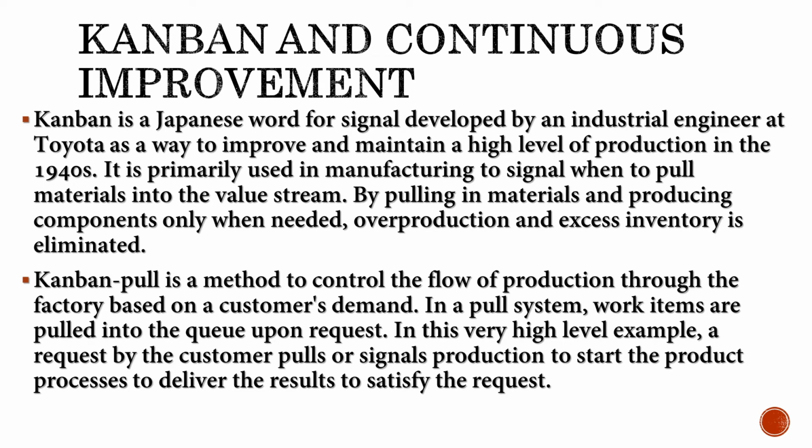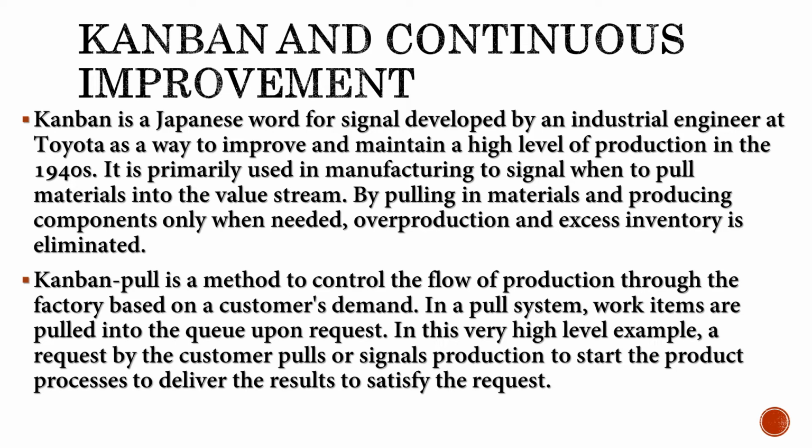So, Kanban and continuous improvement. Kanban is a Japanese word for signal, developed by an industrial engineer at Toyota as a way to improve and maintain a high level of production in the 1940s.